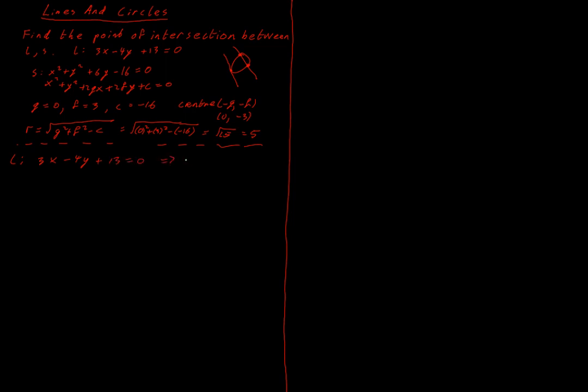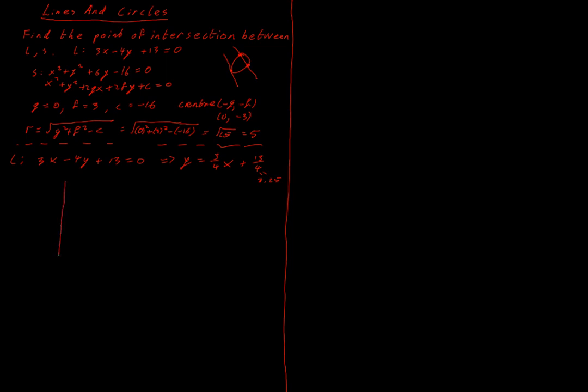Rearranging this equation, I will end up with y is equal to 3 over 4 x plus 13 all over 4. 13 all over 4 is equal to 3.25 for drawing and sketch purposes. So I now know all of the information I need to draw a quick sketch of my situation.